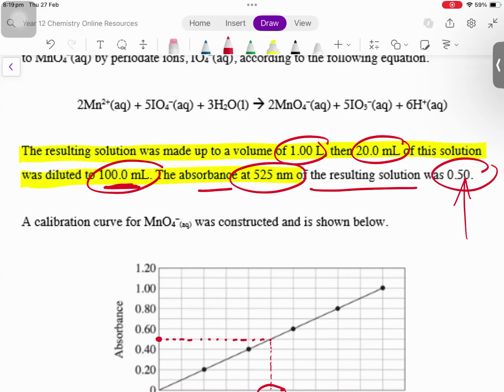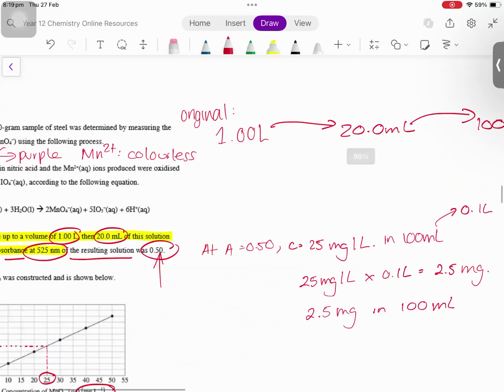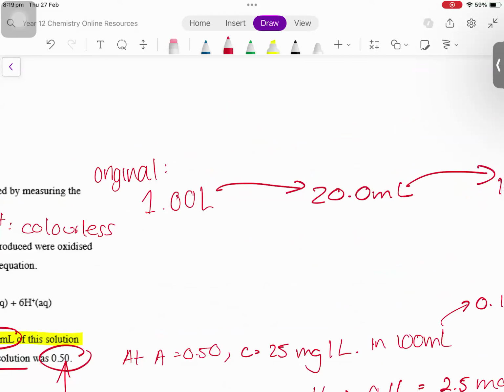Yeah, the mass will be smaller. There's no way you could possibly scoop all of the mass in 1 liter in 20 mils instead. So when you went from 1 liter to 20 mils, the mass in the 20 mils is smaller.